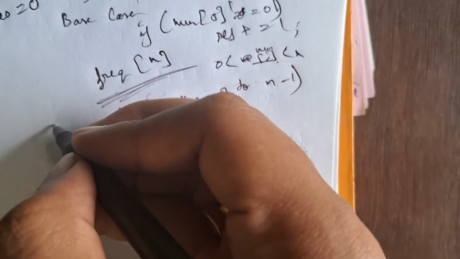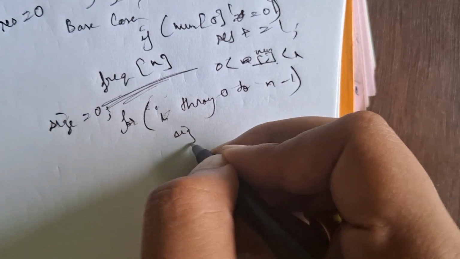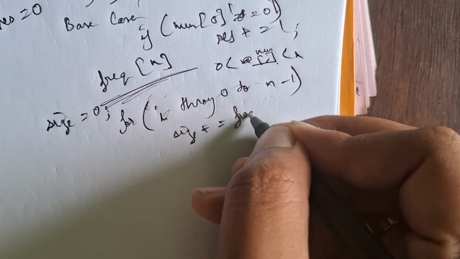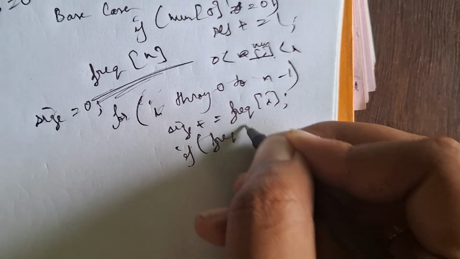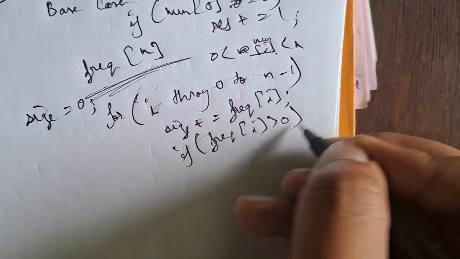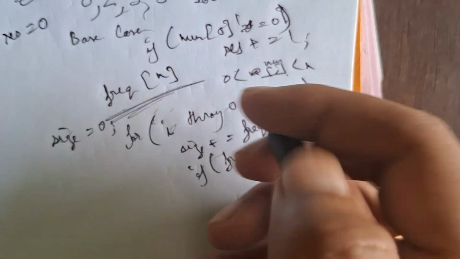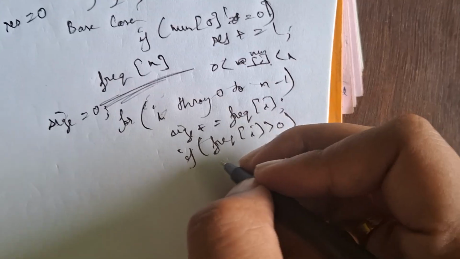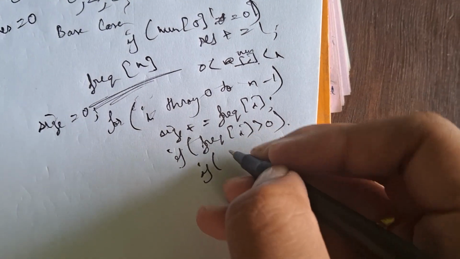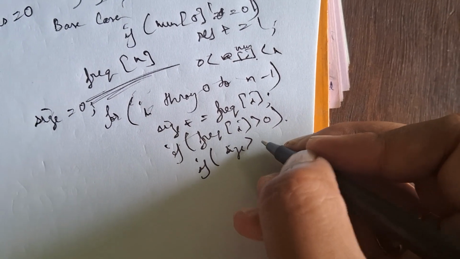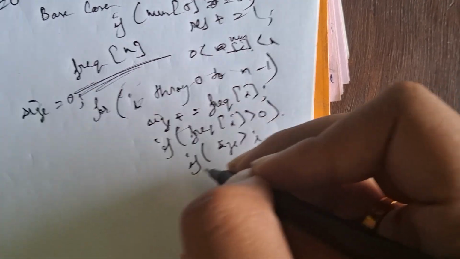Let's say the size is initially 0, so size plus equals frequency of i, and then if the frequency is greater than 0, that is, there was an element i present in the initial array, then you have to check if size is greater than i or not.